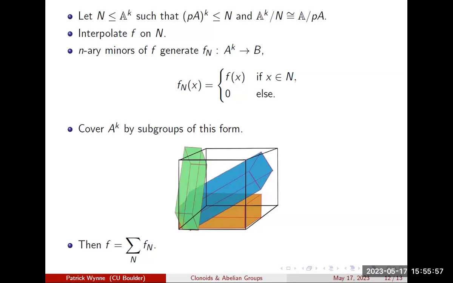So maybe I'll just mention here that I just wanted to talk about the abelian group case, but really we proved this in a little more generality. We proved essentially an analogous theorem for finite modules with a certain nice structure.